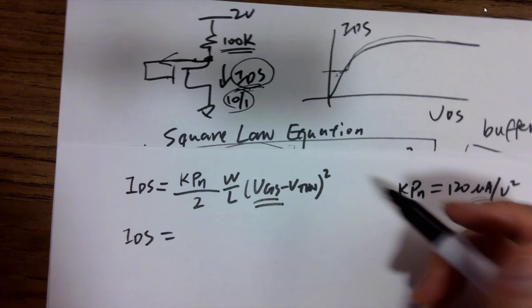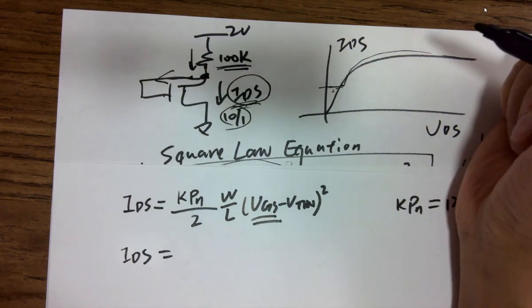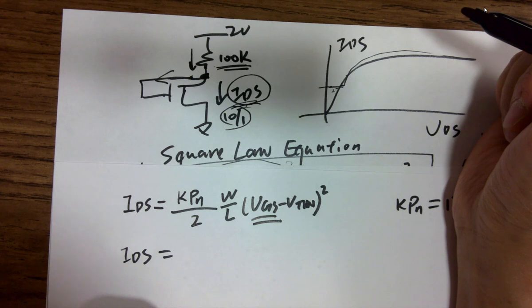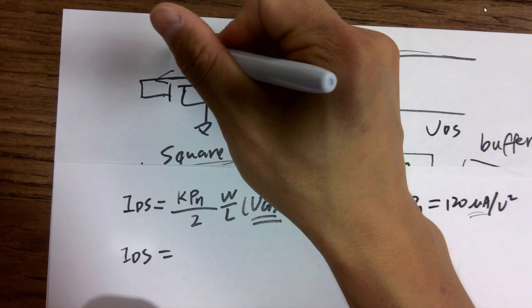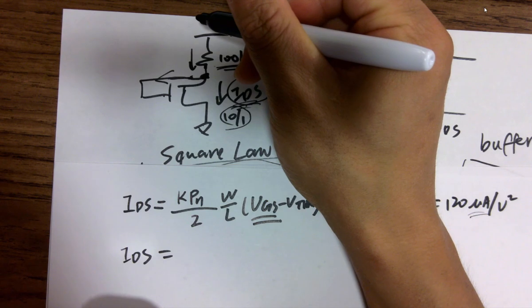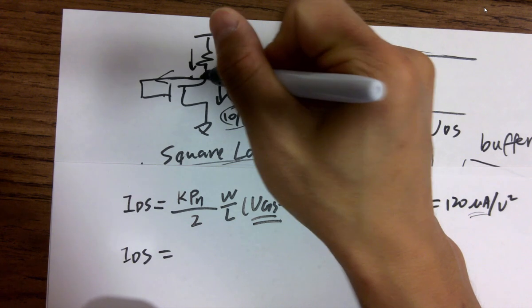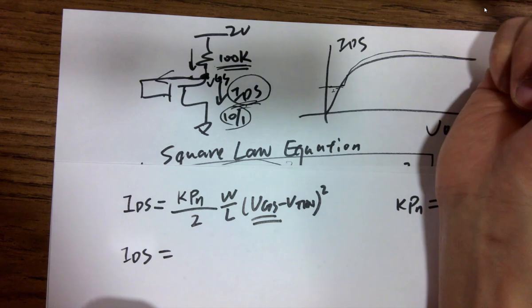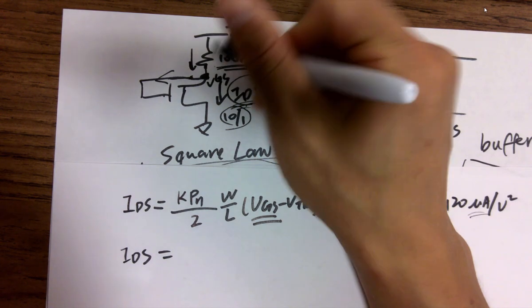So IDS, what's the current here? This is VGS. This is 2 volts.